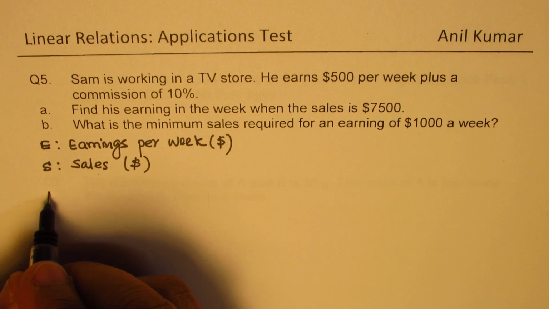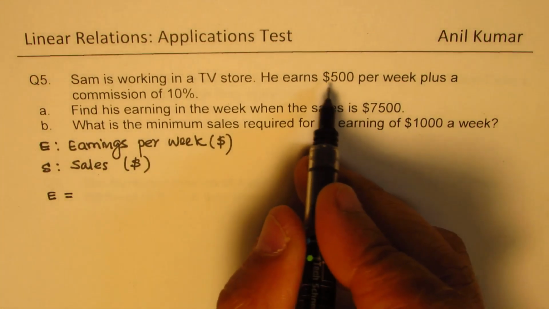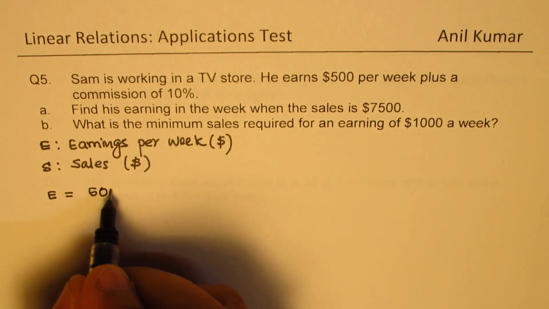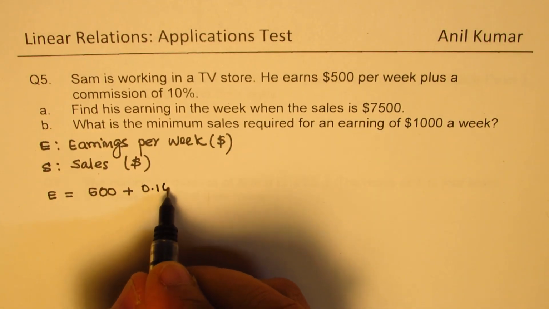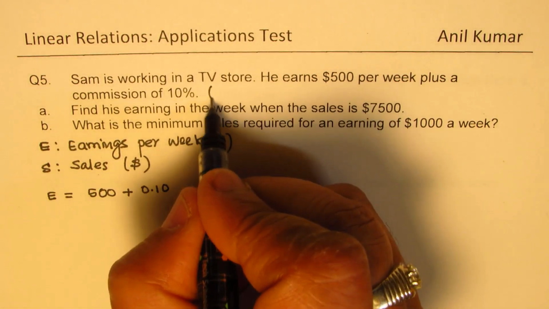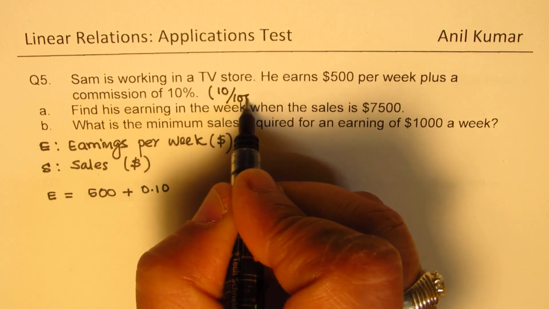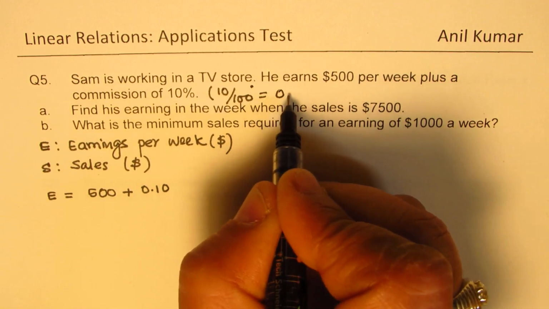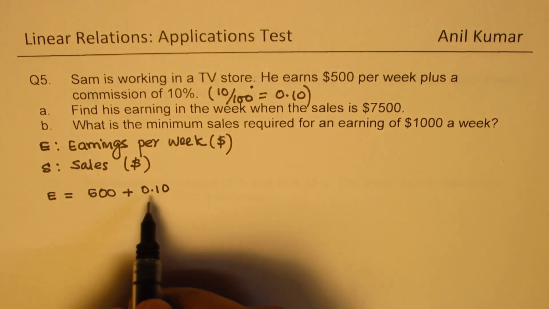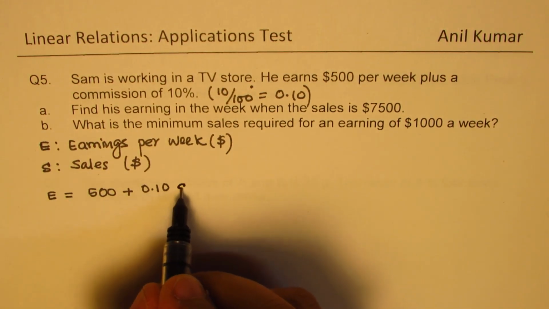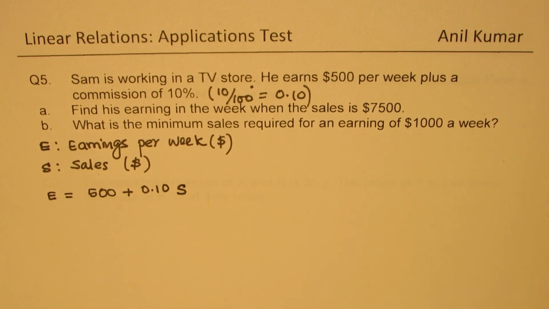So his earning per week is equal to the fixed amount, which is 500, plus 10%. 10% means 10 out of 100, right? Which is equal to 0.10. So I'm writing a decimal value here. 10% of sales, that means 10% of S. So that becomes our relation to work with, correct?